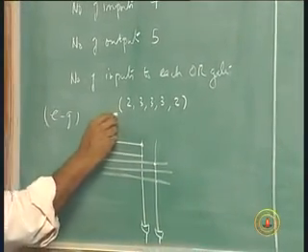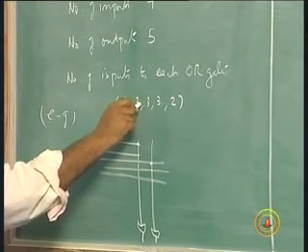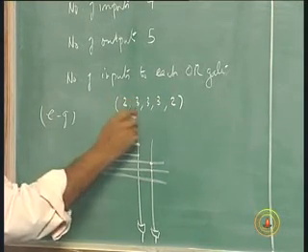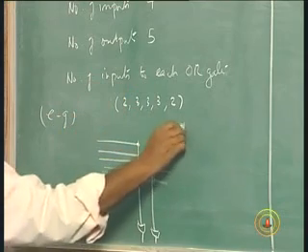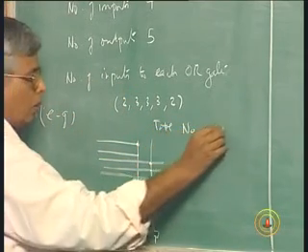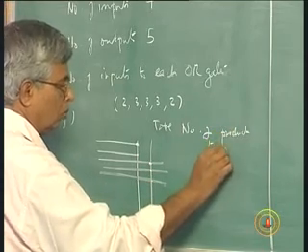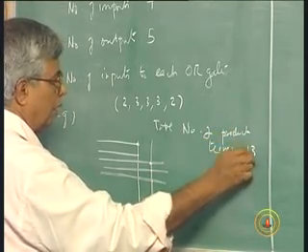Total number of product terms will be 2 plus 3 plus 9 plus 4, right? 13. That means the number of product terms is 13 in this case.